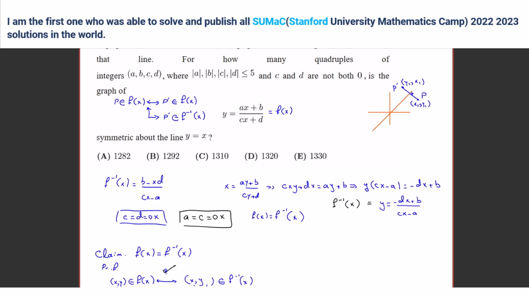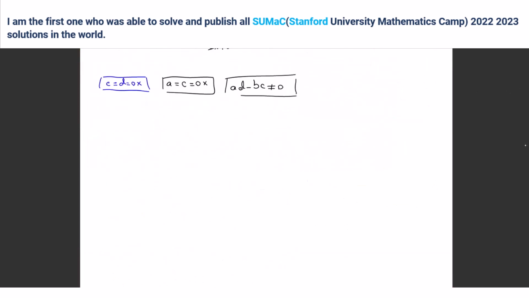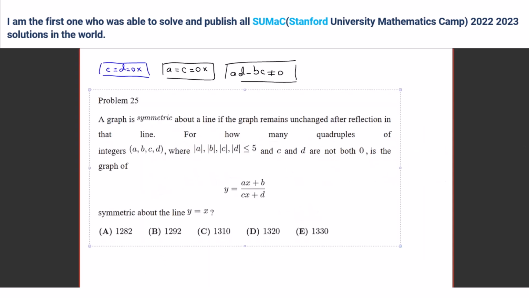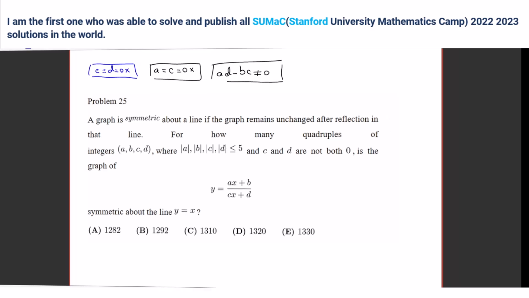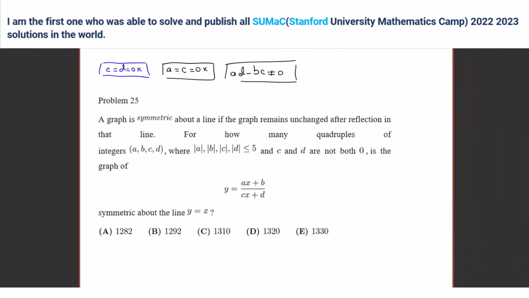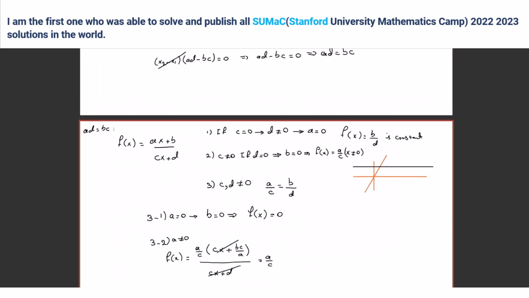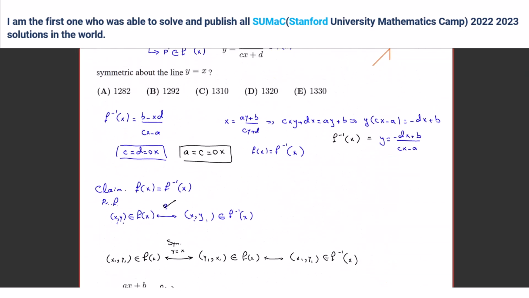Okay, so then we should use casework and solve this. Want to try the rest on your own? Want a hint or want to keep trying? Hint. Okay. We said that f inverse should be equal to f, right?